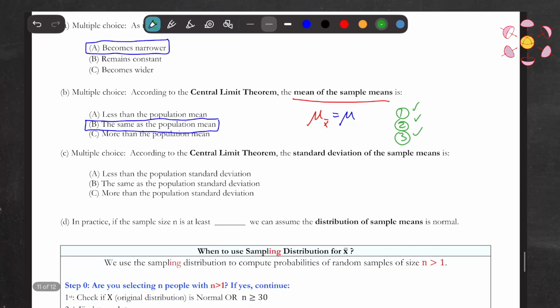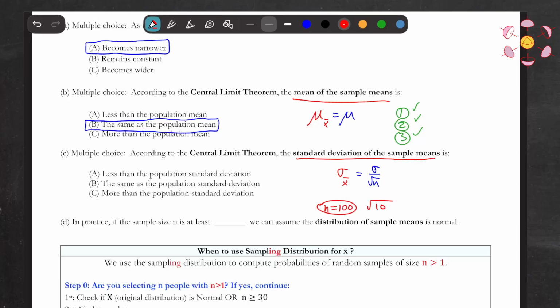How about C? According to the central limit theorem, the standard deviation of the sample means, we've got notation for that, is the standard deviation divided by the square root of n. Let's think about what this formula is telling us. I'm dividing the original standard deviation by a number. Imagine our sample size is 100.